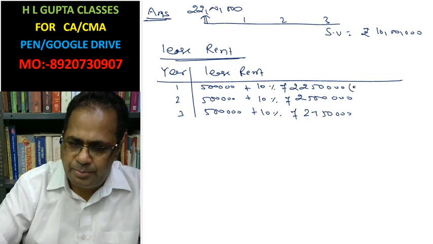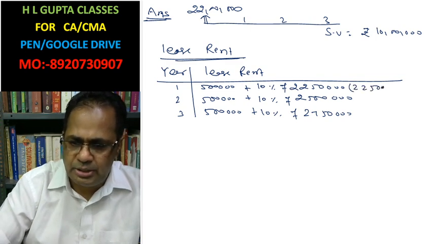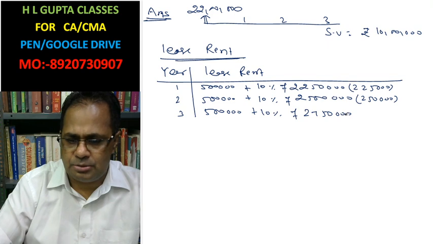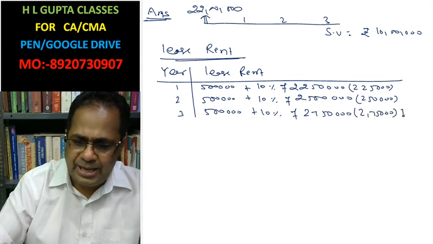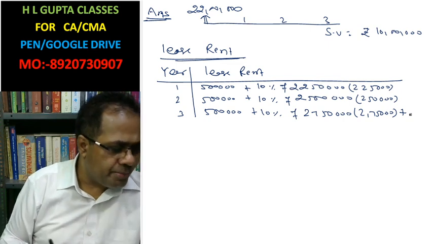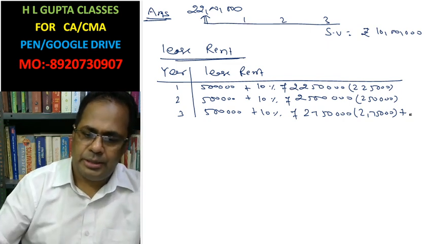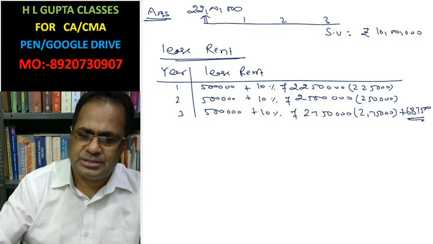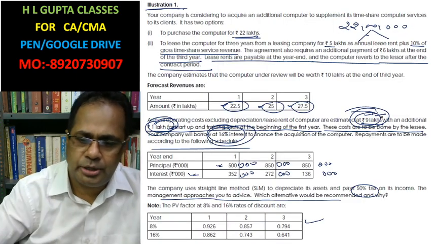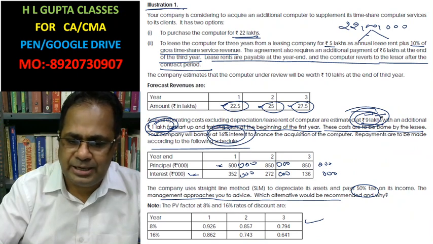It means 2 lakh 25,000 here, here it will be 2 lakh 50,000, and here 2 lakh 75,000. In addition, in the third year you have to pay an additional 6 lakh 87,500.